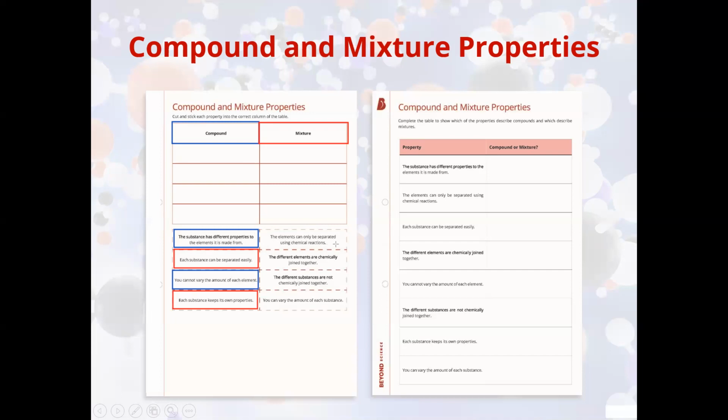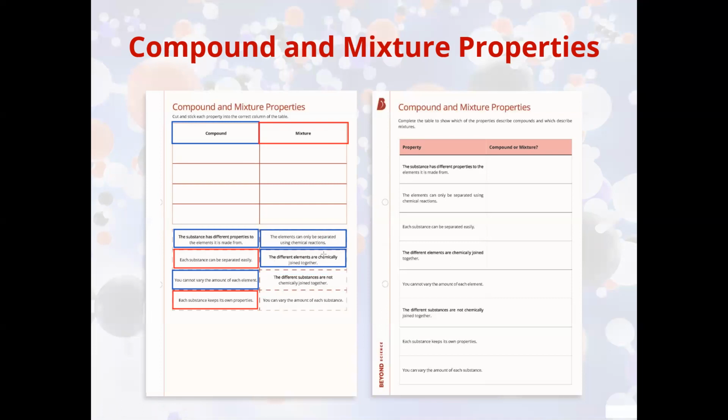The next one, the elements can only be separated using chemical means. That is a compound. Remember, with a mixture, you could use a magnet to separate the iron from the sulfur. Over here, the different elements are chemically joined together. That is a compound.